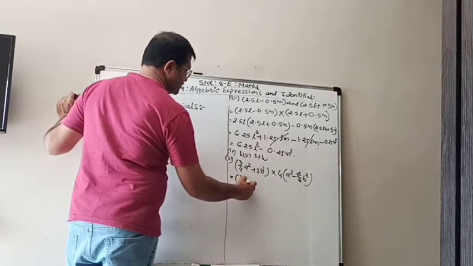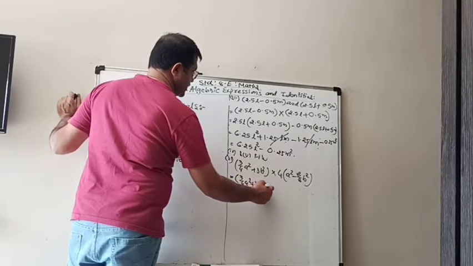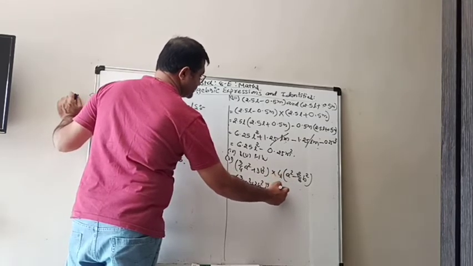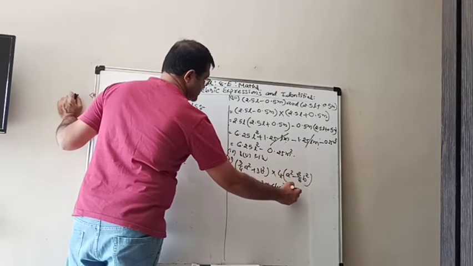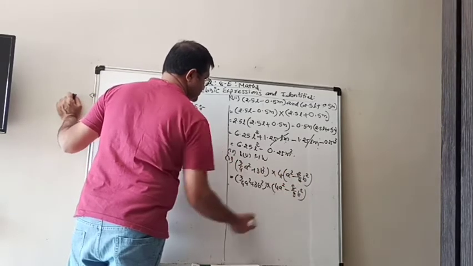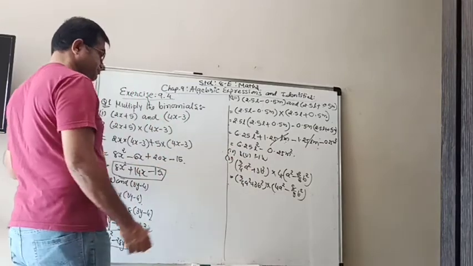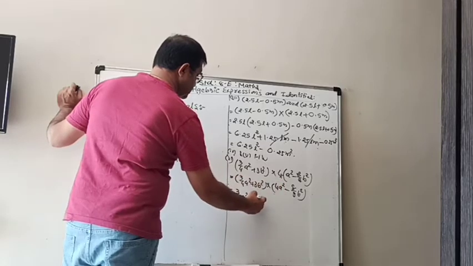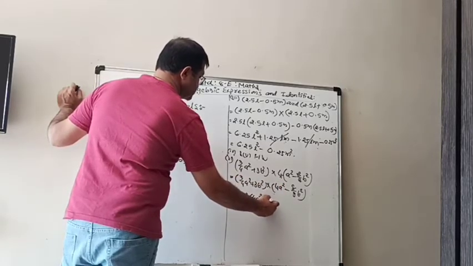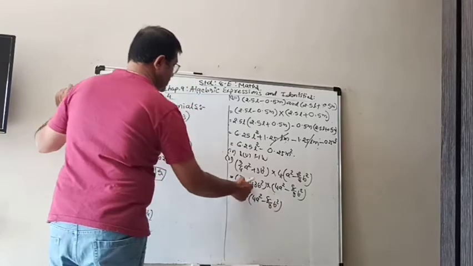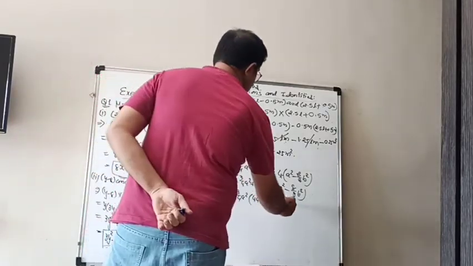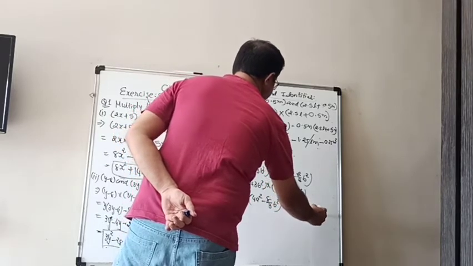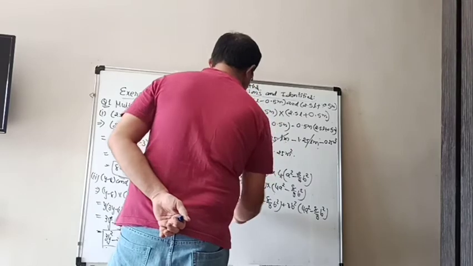So the first bracket you will keep as it is, but the 4 here will be multiplied inside. So 4a square minus 4 2s are 8 upon 3b square. Now we will follow the same rule here. So 3 by 4a square into bracket 4a square minus 8 upon 3b square, plus 3b square into again 4a square minus 8 upon 3b square.